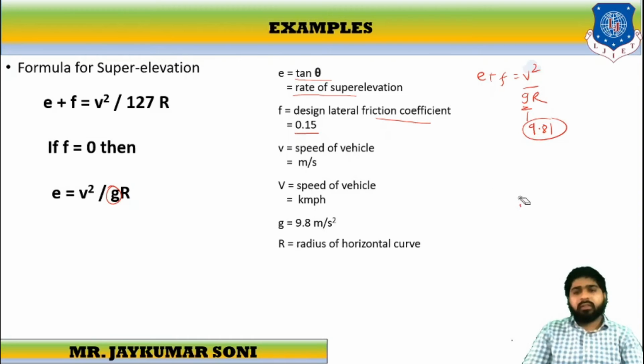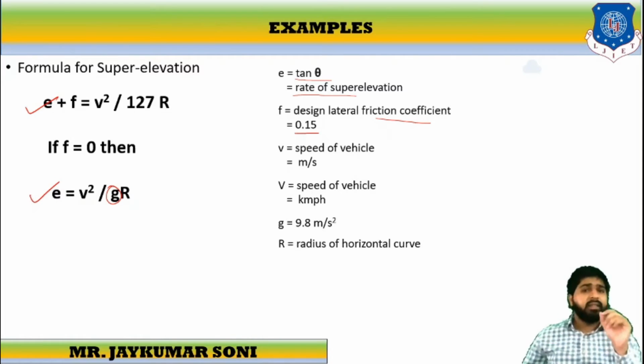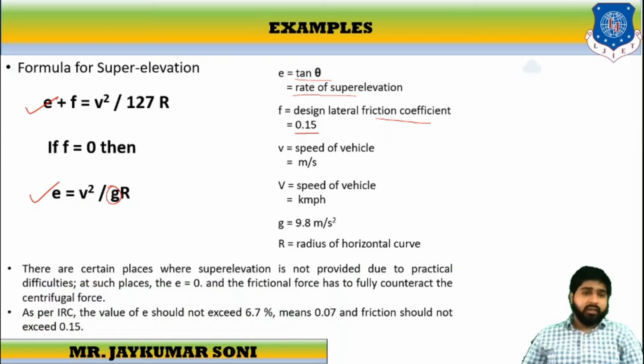So both equations can be used with their alteration. You can use this equation and this equation also. But the major challenge that we encounter is when we are dealing with the mixed traffic condition.